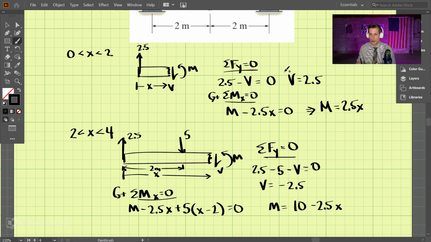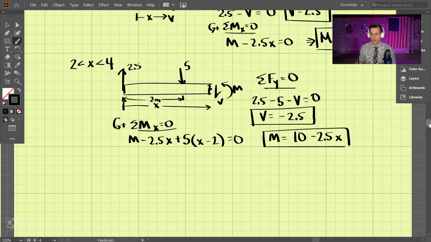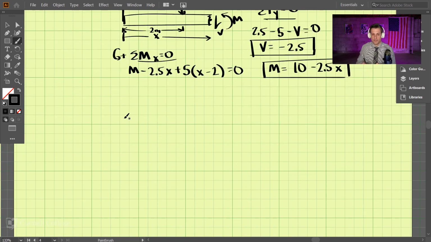Okay, so we have all of these answers here. And now to create our shear and moment diagrams, all we need to do is plot these. All right, so let's start with the shear. Let's see if I can draw an axis here.